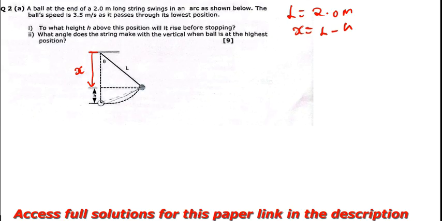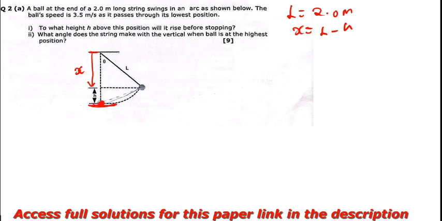Now, one thing we need to understand here is that we want to find the h. The question is saying the ball speed is 3.5 meters per second as it passes through its lowest position. The lowest position is this position. As it was passing this position, the speed is 3.5 meters per second.